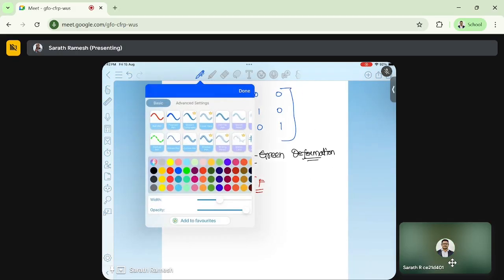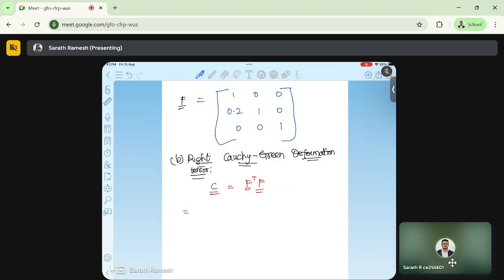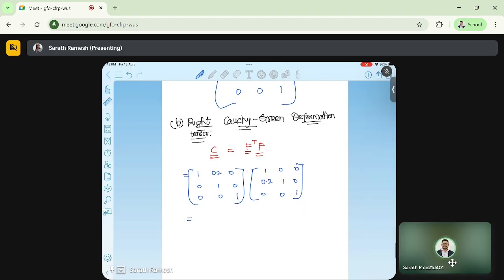So this is equal to F transpose, 1, 0, 0, so it's transposed, so 1, 0.2, 0, 0, 1, 0, 0, 0, 1, times 1, 0, 0, 0.2, 1, 0.